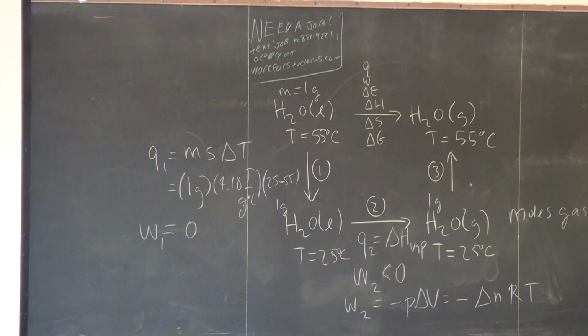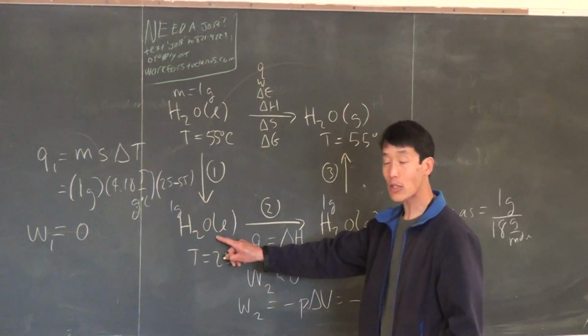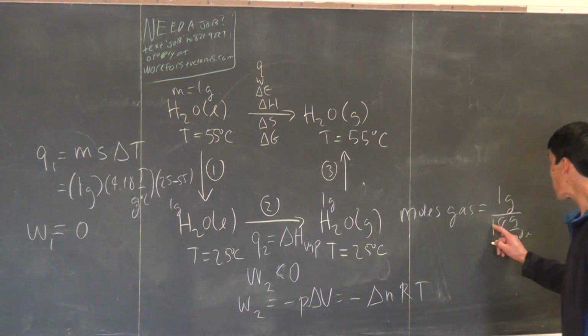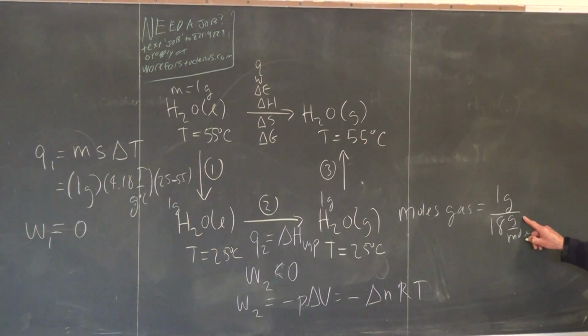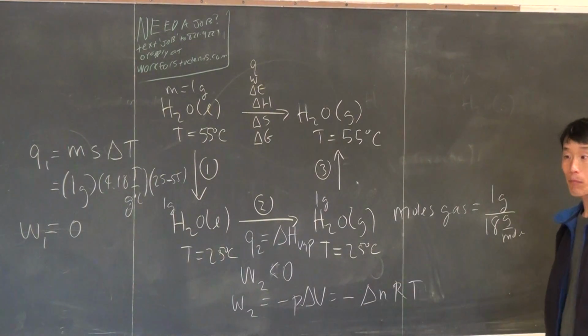So we have 1 gram divided by the molar mass, 18 grams per mole. So this will give you the moles of gas. Okay, so once we know the moles of gas, there's no moles of gas on the reactant side, so delta N is equal to this number here. Then we can multiply by R times T, and that gives us work.